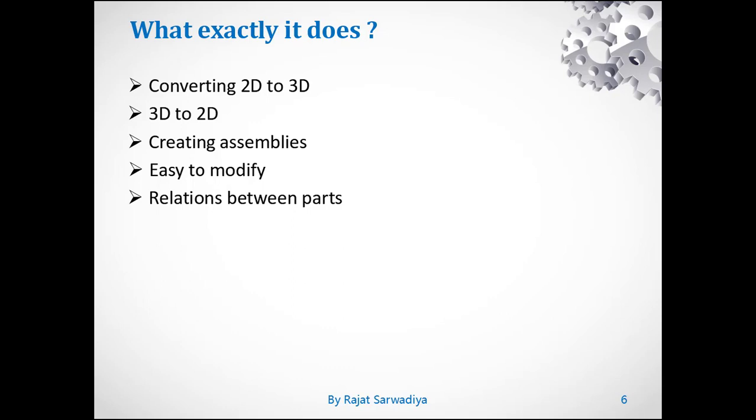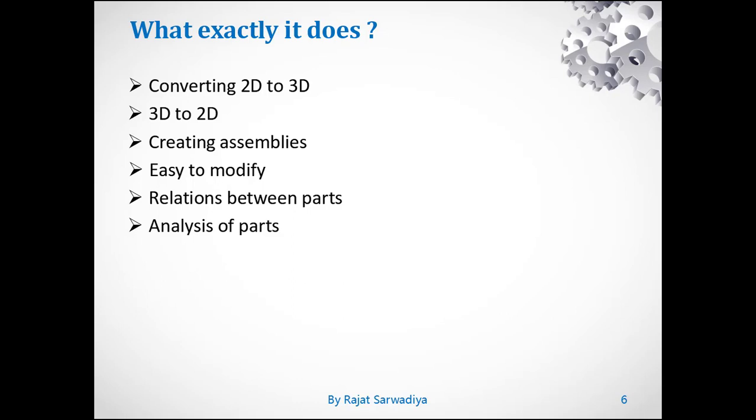But first you will need to define that relation between those two parts, then and only then you will be able to use this particular feature, which will make your design modification easy, and it will save your time as well.